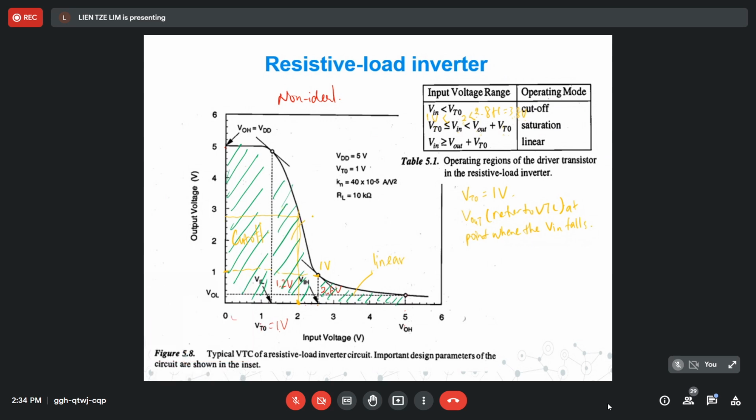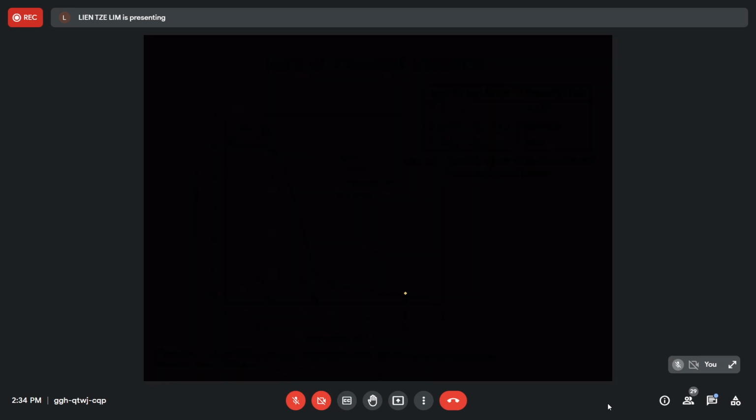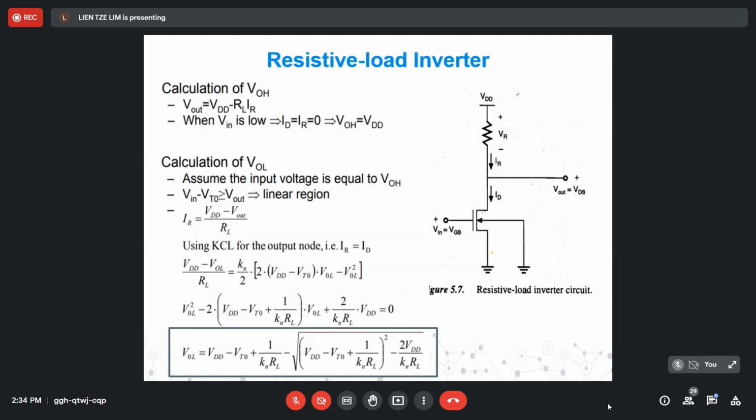Okay, this is saturation. Now I go to the calculations of VOH and VOL. For VOH, we can straight away know the value.